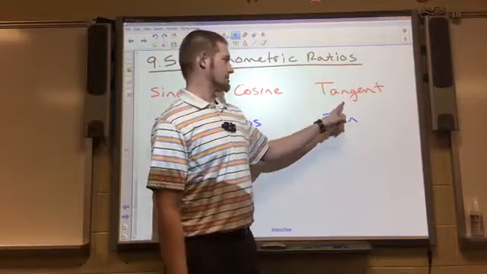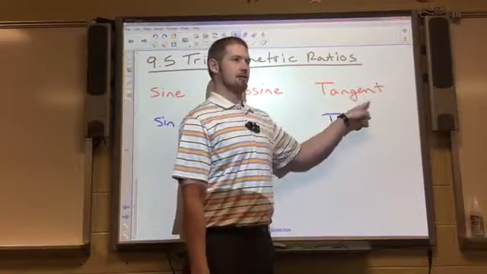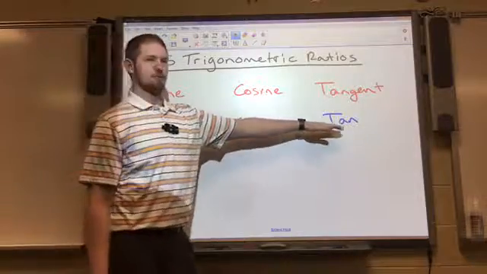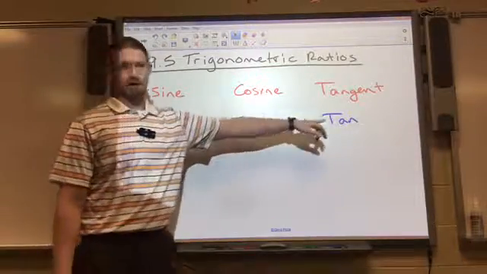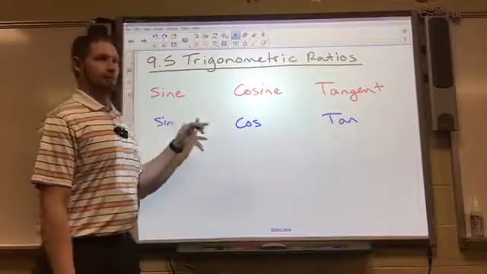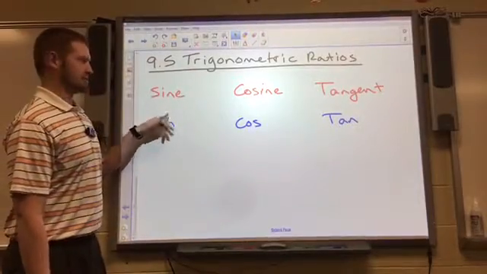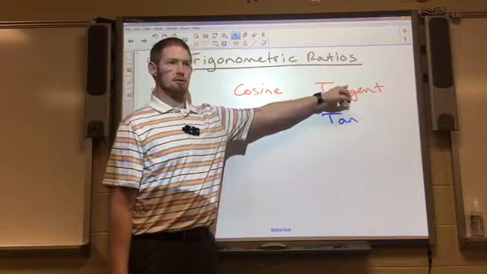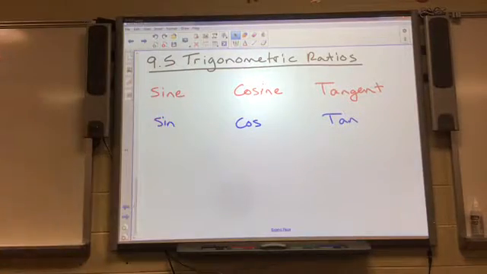No, that's what you do at the beach. This is tangent. Can we say these properly for me? I know in the past you may have always read them as sin, cos, tan because you didn't know what they were. But now that we do, let's refer to these as sine, cosine, and tangent for me, okay? Can we do that? That way we're all on the same page and we're using the proper terminology.